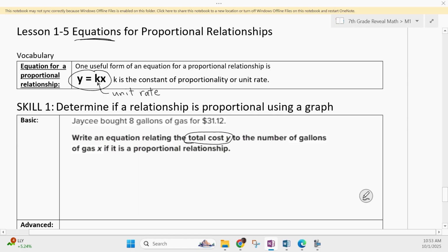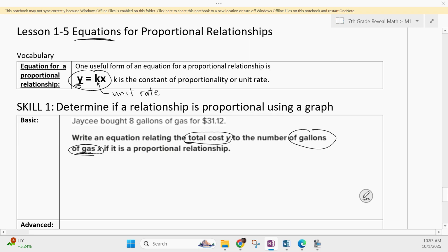So this means we can get the total cost if we do something times X. Well, what's X? The number of gallons of gas is going to be X. So if we multiply the number of gallons times some number, we'll get our total cost. That's all we're trying to do.